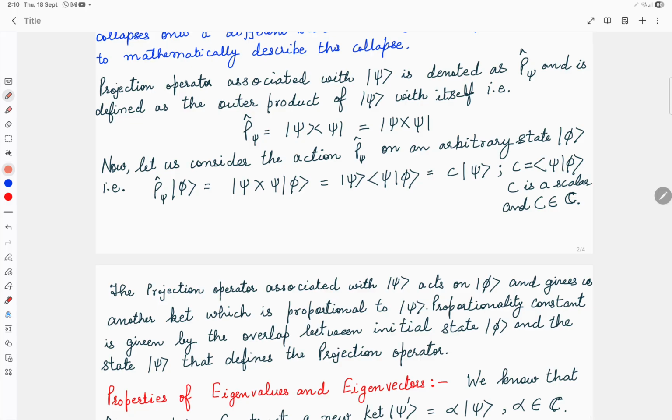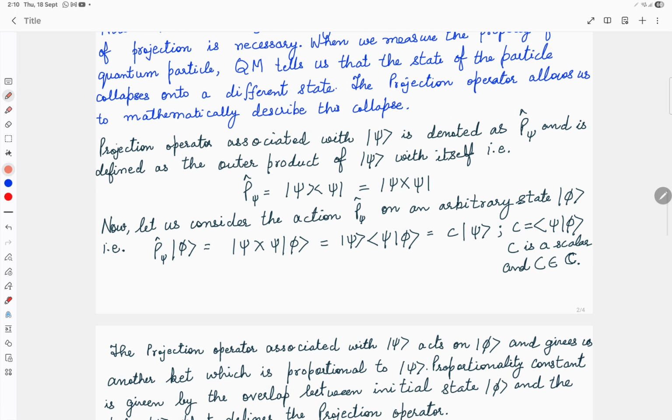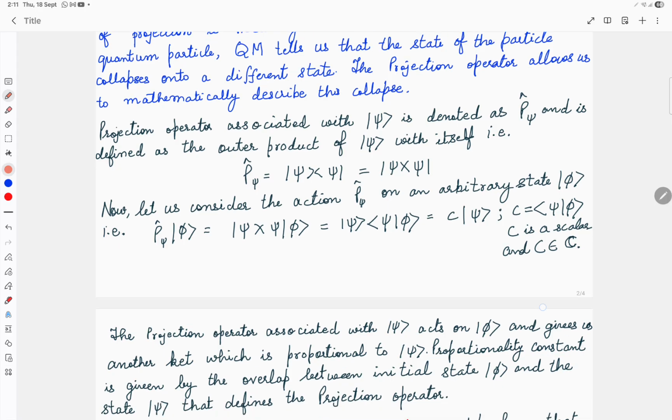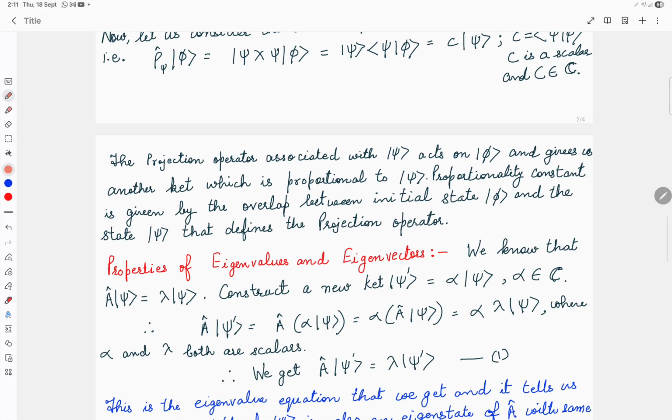What is the value of this proportionality constant? It describes the overlap between the initial state phi and the state psi that defines the projection operator. So the projection operator describes the projection of one state onto the other, right? This is how the projection operator can be used to find out the overlap between the two quantum states.